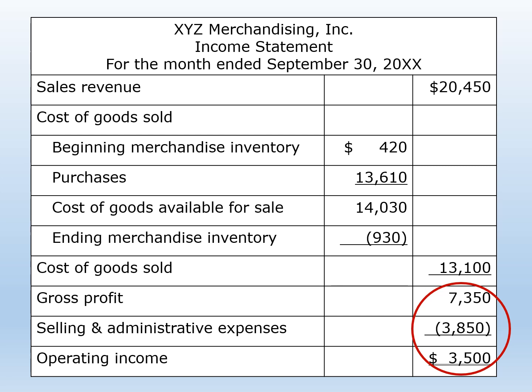If this income statement was for external financial reporting purposes, we would go on and subtract out the firm's income tax expense to reach bottom line net income. But for managerial purposes, operating income is really much more useful.